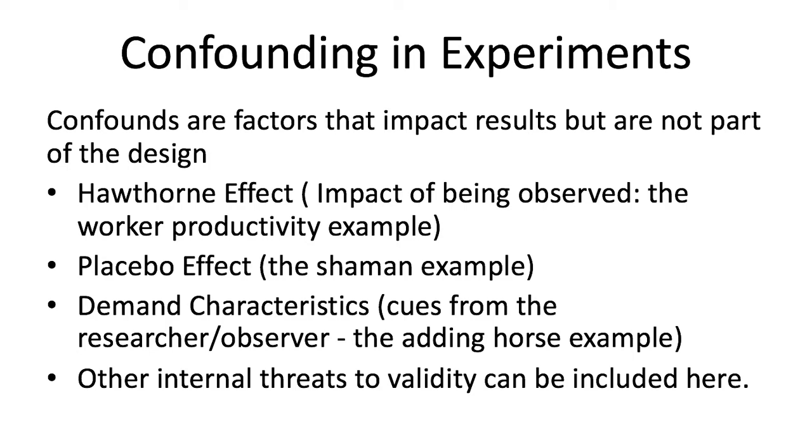Likewise, cases of leading the witness, or giving people cues about what you want them to do rather than just being an unaffecting observer, can lead to demand characteristics in all areas of life. Other internal threats to validity can be included here as well, and we've talked about all those in much more detail.